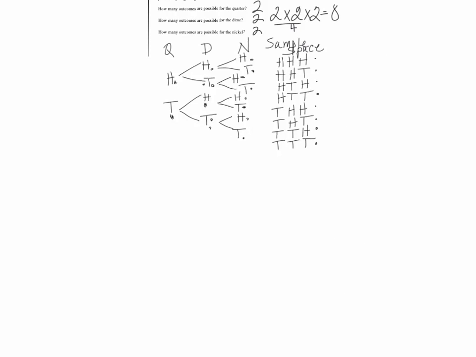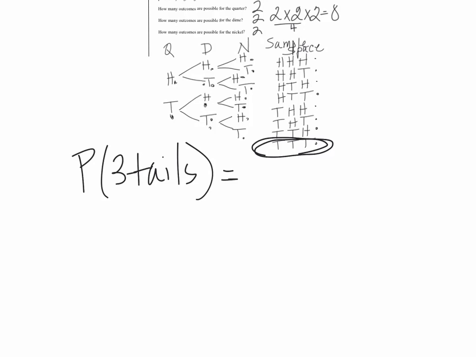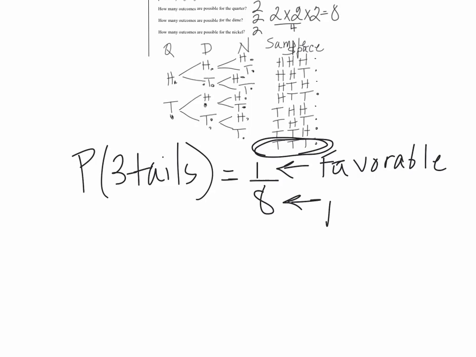So, the probability of getting 3 tails is equal to 1 out of 8. 1 is the number of favorable over the number of possible.